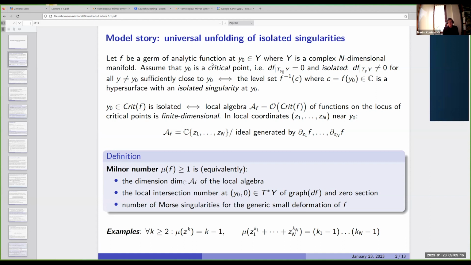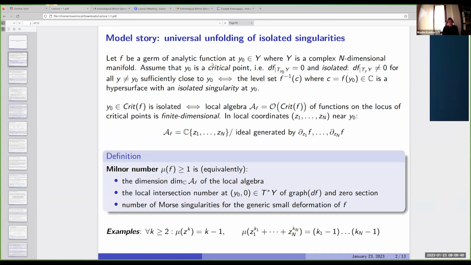So the Milnor number is 1 if and only if the singularity is a holomorphic Morse singularity. Milnor number 2 is something like z1 cubed plus a quadratic form in the other variables. There was a whole activity in the 60s and 70s to classify singularities according to Milnor number. For small Milnor numbers, we can do it.